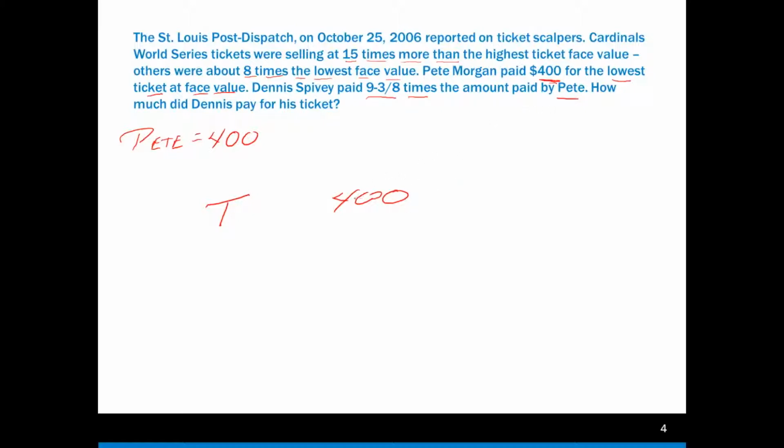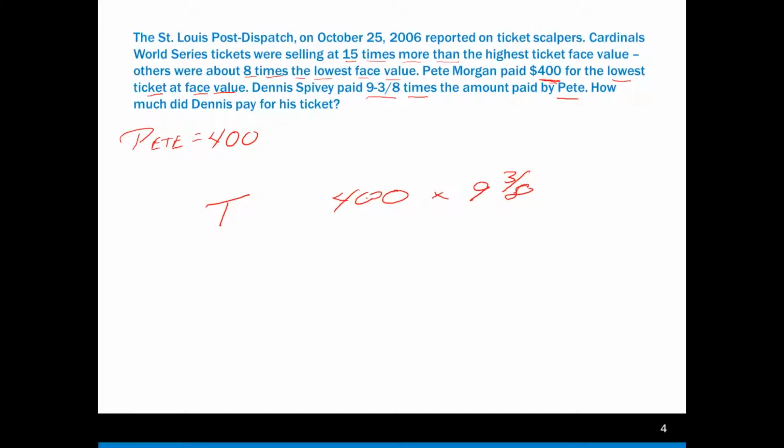Dennis is paying 9 3/8 times that amount. When I look back on my problem, this 15 times the highest ticket value, I don't need that information. 8 times the lowest face value, I don't need that information. All that is important right now, since we want to know how much Dennis paid for his ticket, is that Pete paid $400 and Dennis is paying 9 3/8 times that.